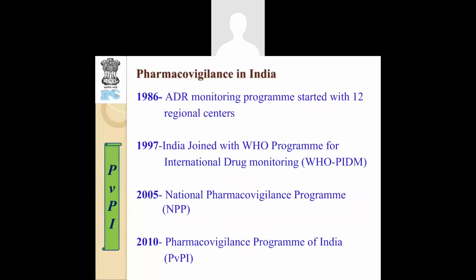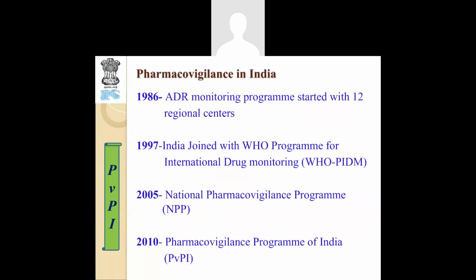Same thing, the financial background, and there were no effective stringent guidelines for monitoring adverse drug reactions during that time. And again in 2005, the National Pharmacovigilance Program (NPP) was started on 1st January 2005. It collected information on adverse drug reactions pertaining especially to OTC drugs, the drugs being sold at that time over the counter.